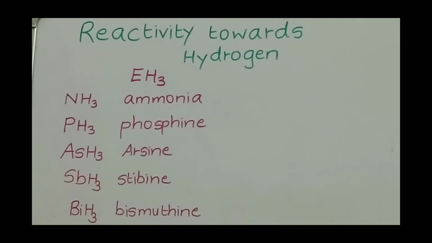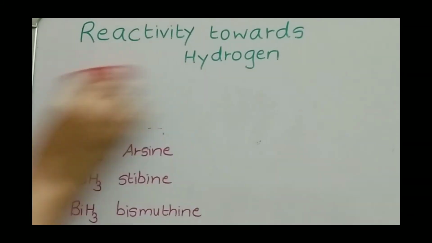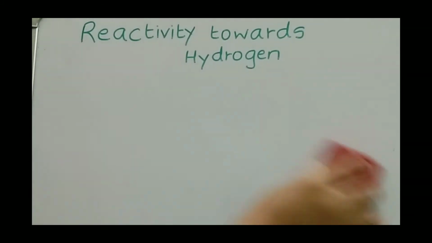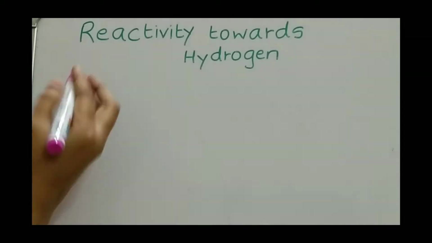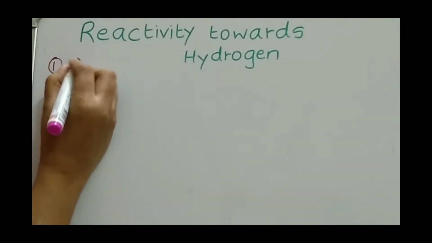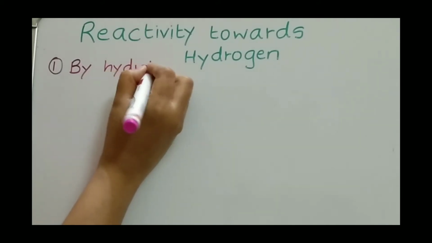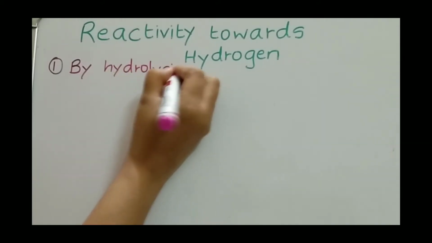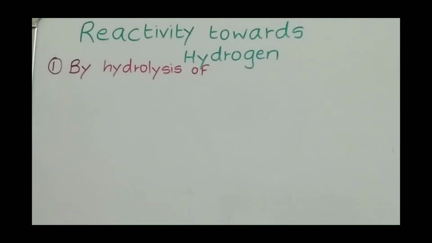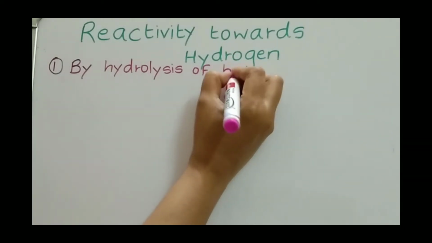So let's check how these hydrides are prepared. We will see the preparation of hydrides. We have two methods of preparation. The first method is by hydrolysis of binary metal compounds.